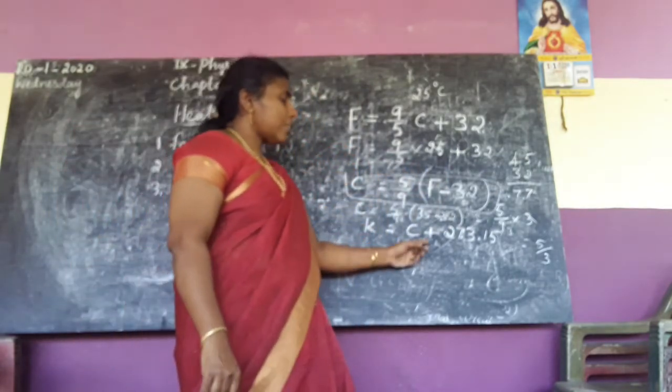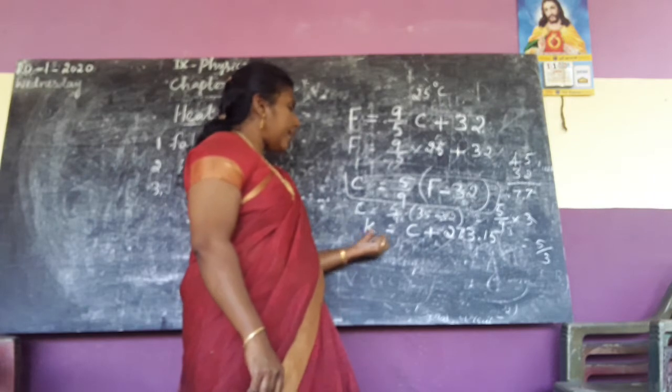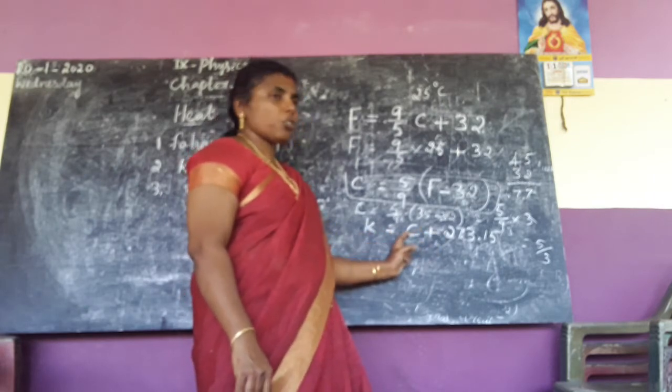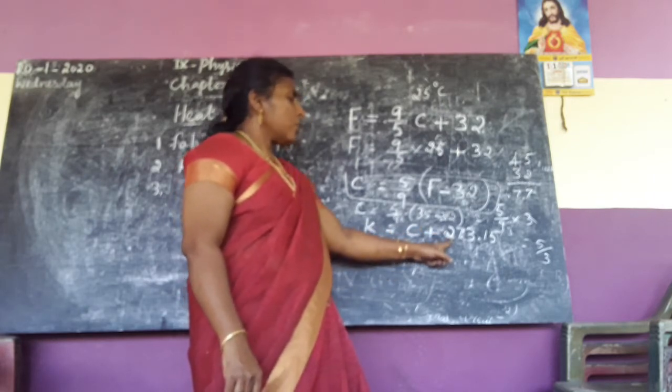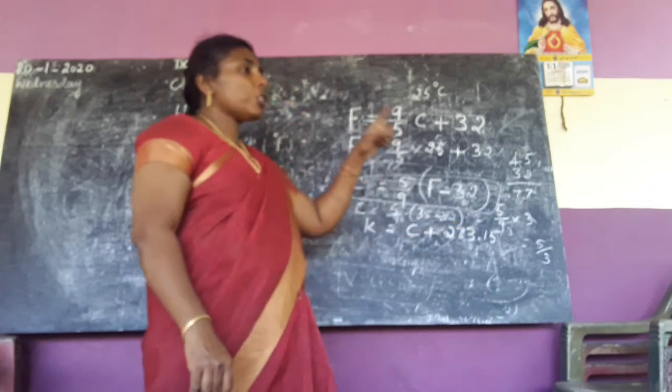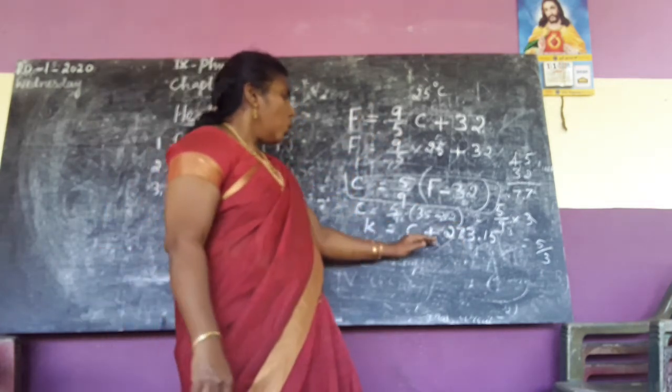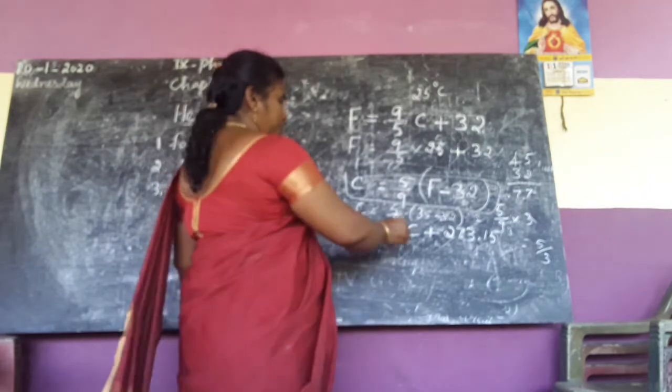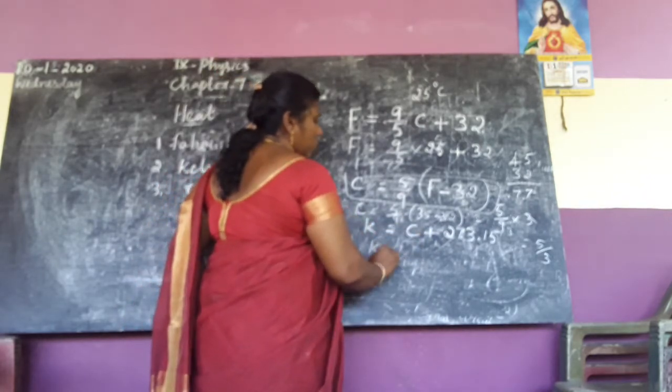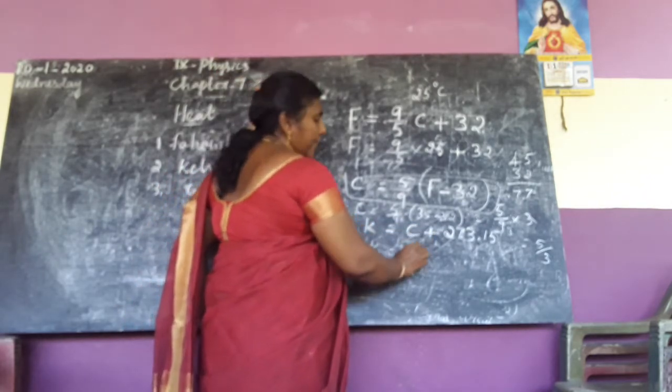Next Kelvin, Celsius to Kelvin. So K equals C plus 273.15. C means the Celsius scale. You just have to add. Suppose here 25 is given. Just imagine K equals C, 25 degrees Celsius given.